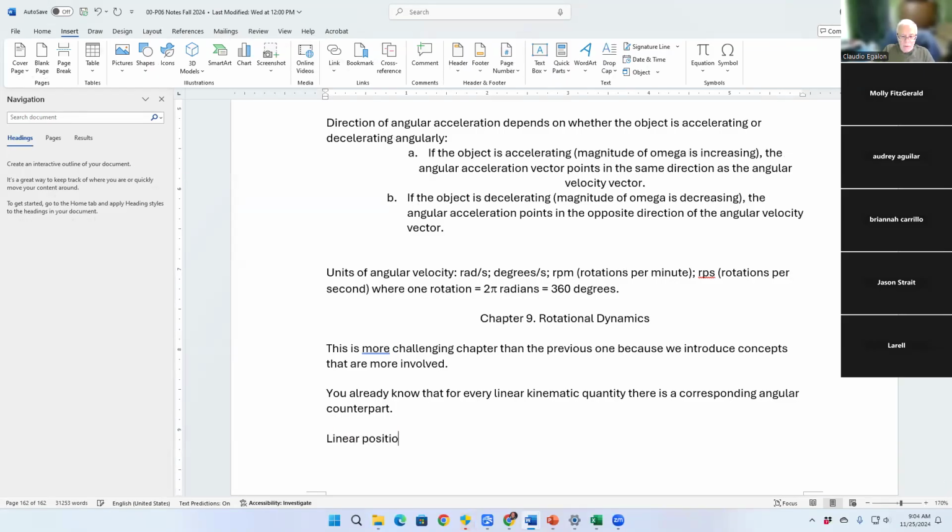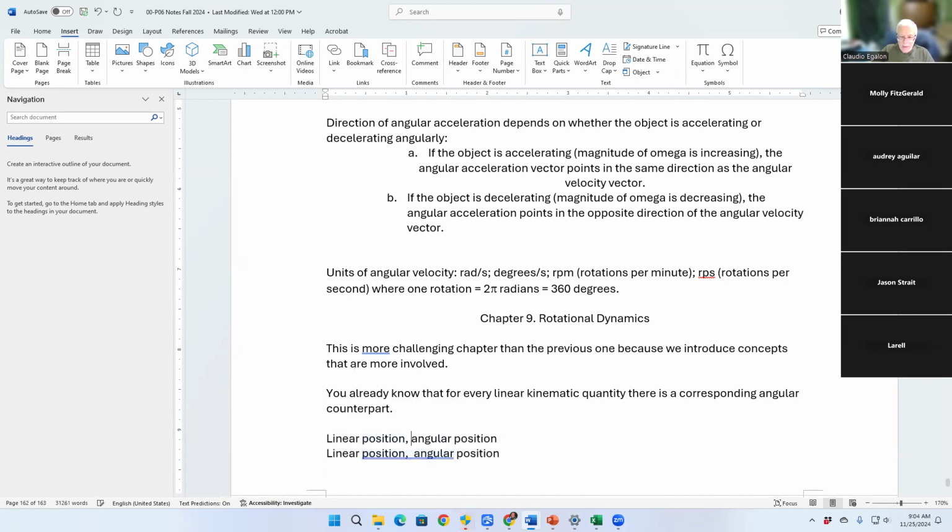Linear position, its counterpart is angular position.